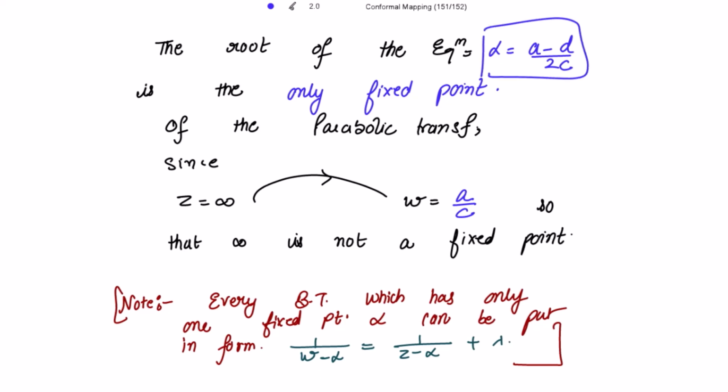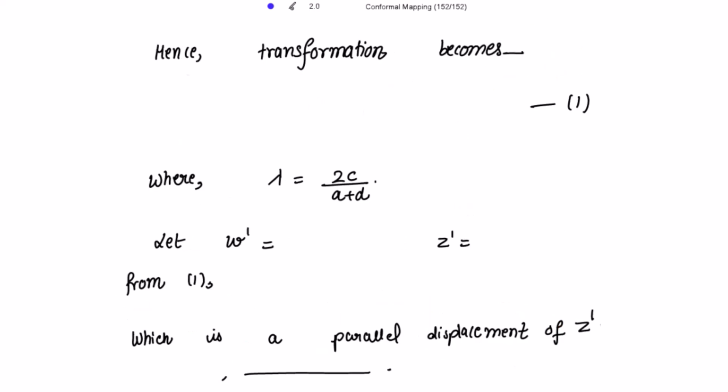So when we are having only one fixed point alpha, the transformation will take the form 1 over W minus alpha equal to 1 over Z minus alpha plus lambda, where lambda is 2C over A plus D. Please check from the previous notes. This kind of transformation is also discussed over there.